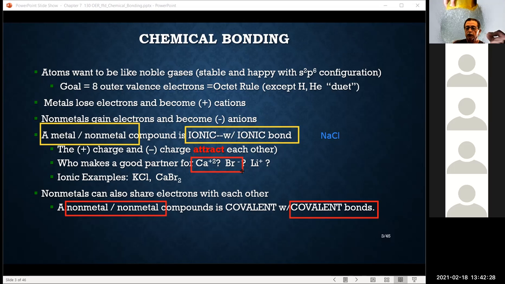Pure water, 100% pure water will not conduct electricity. It is only when you put in a pinch of salt or a pinch of ions, like an ionic compound, that goes in solution and therefore conducts electricity.